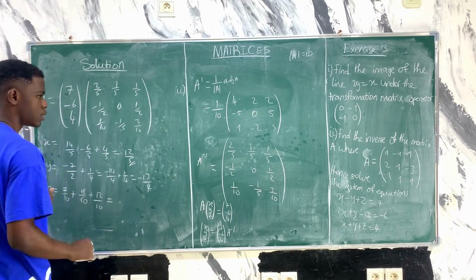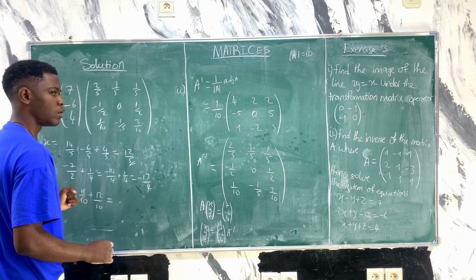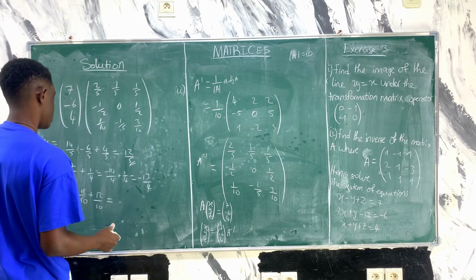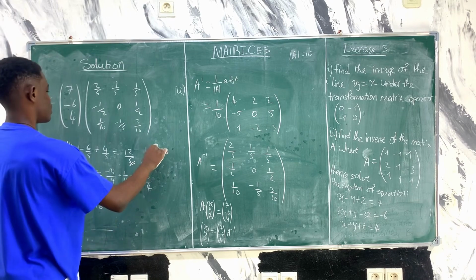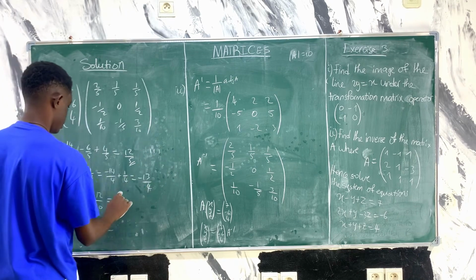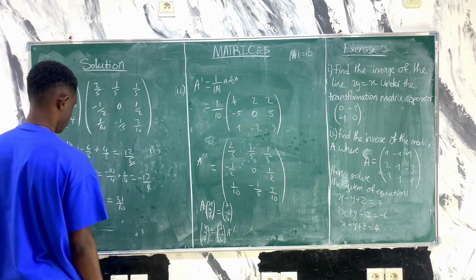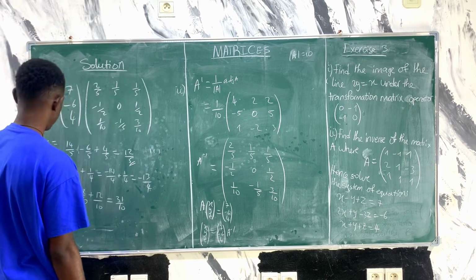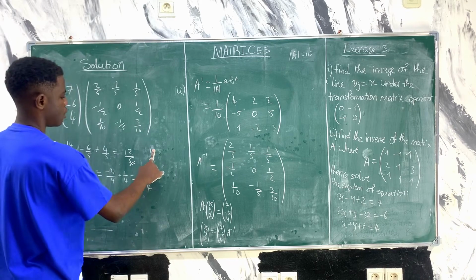So I can add 24 plus 7. 24 plus 4 is 28. 29, 30, 31. Okay, so that's x, y, and z.